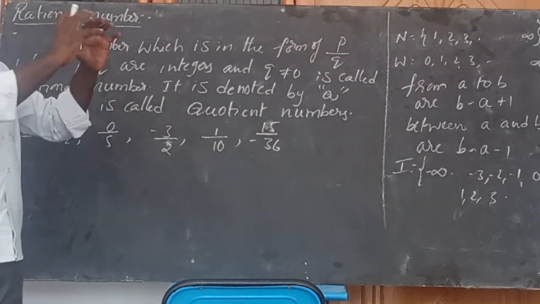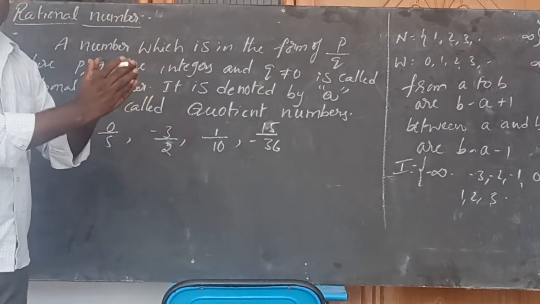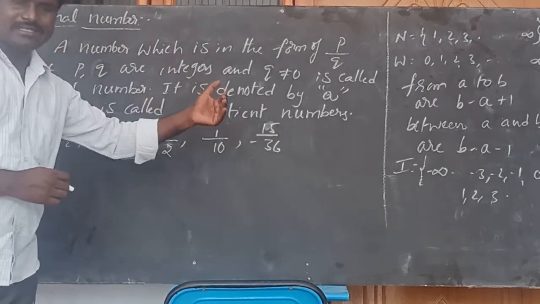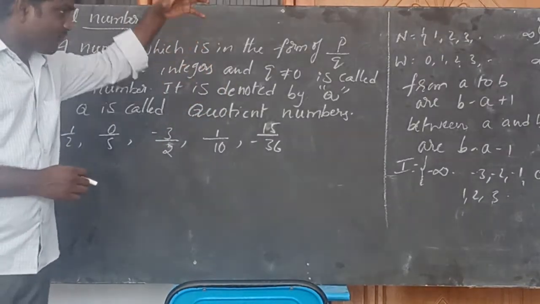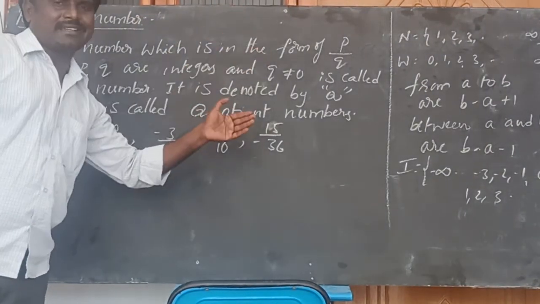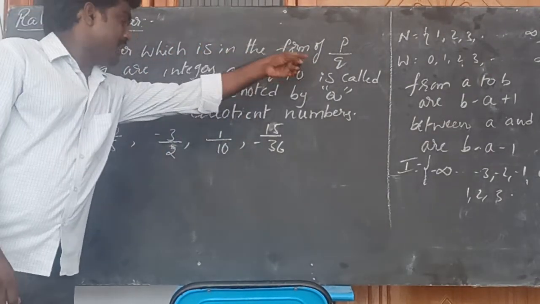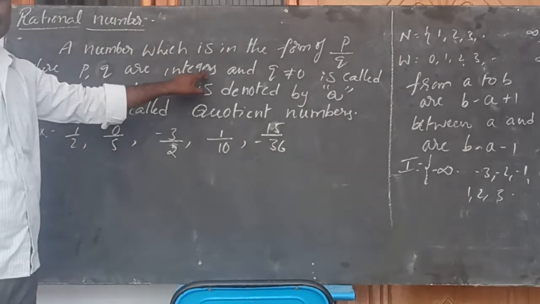Fractions come from objects, that means any object, any article, any thing, which we can divide into numerator and denominator. Rational numbers are in the form of P by Q, where P, Q are integers.